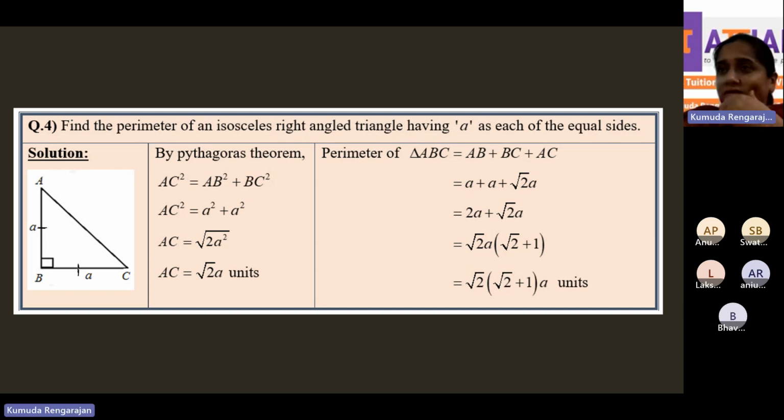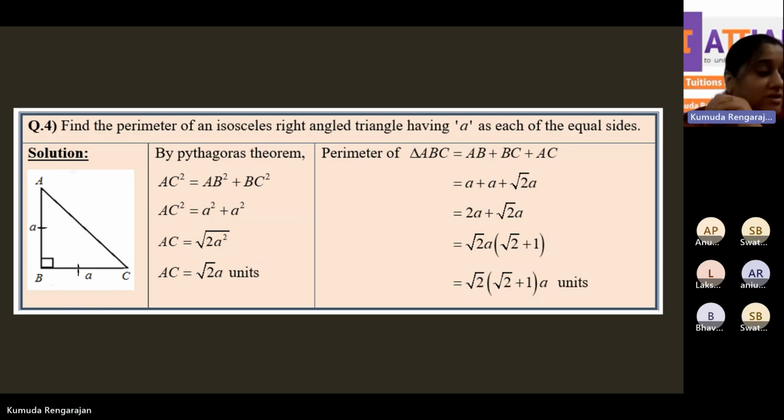Equal sides A. Equal sides are the legs. So find the hypotenuse, then add the three sides. That's all. No, that's a mistake. A square plus A square is not A to the power 4.